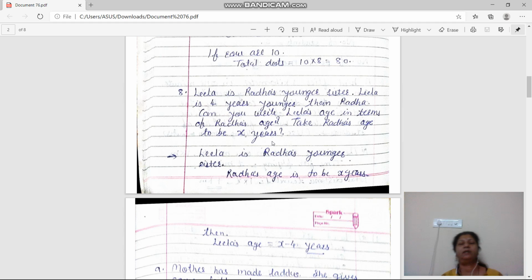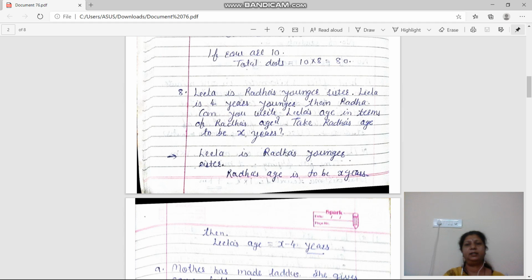Now see here, if Radha is 10 years old, what is the age of Leela? 10 minus 4, that is 6 years. So we subtract 4 years from Radha's age, then we get the age of Leela, right? But we have to assume here Radha's age is equal to x years. x is here a variable. Understand everyone?